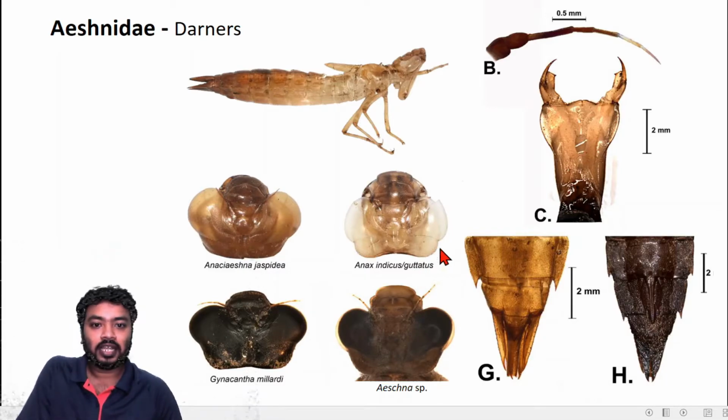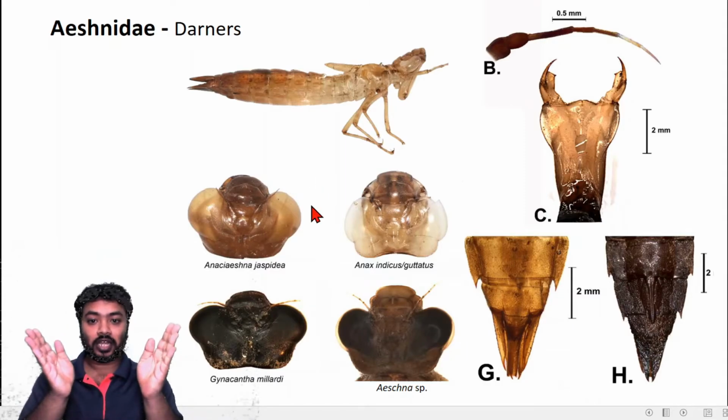These species we can separate from the other 3 genera just by looking at the head shape. The eyes are either laterally or posterolaterally projected, but in all the other genera the eyes are anterolaterally projected. See, the eyes are projecting frontward.